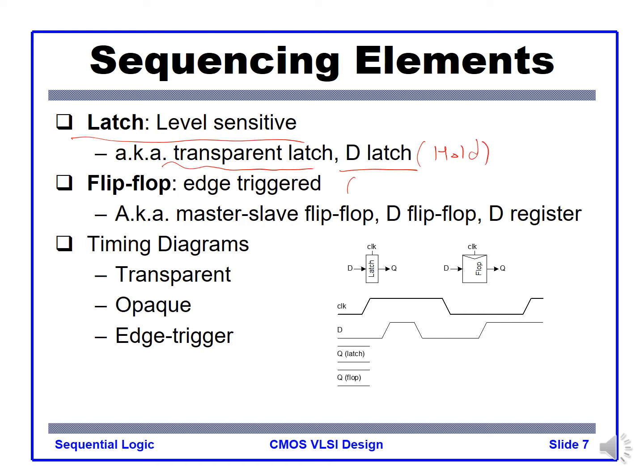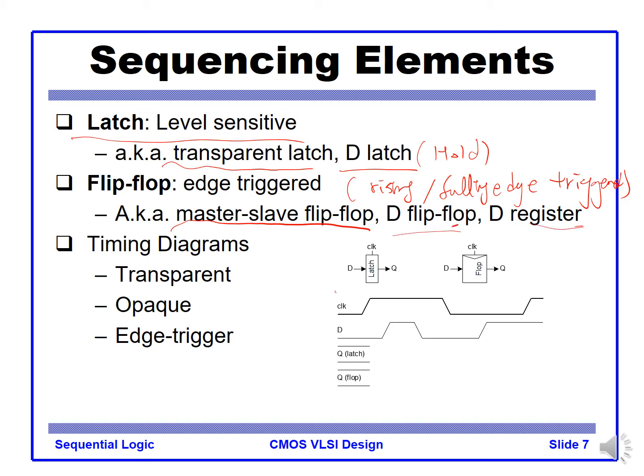It can be either rising edge triggered or falling edge triggered. We sometimes call it a master-slave flip-flop, because we implement the flip-flop by cascading a master latch and a slave latch. Or we say D flip-flop or D register or whatever.